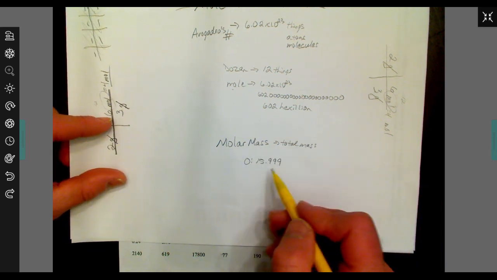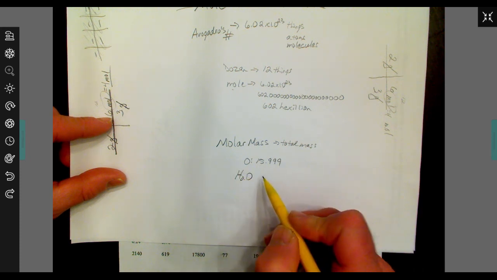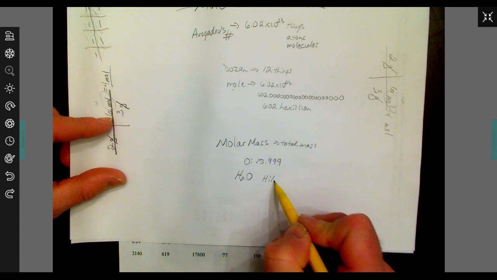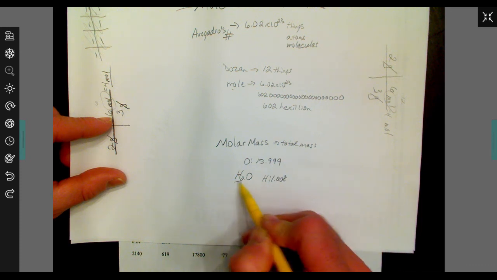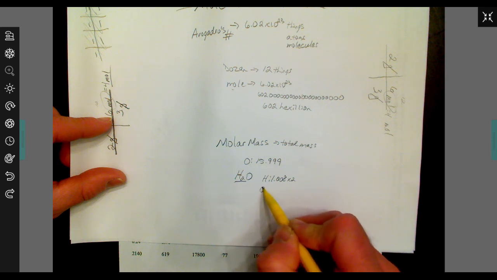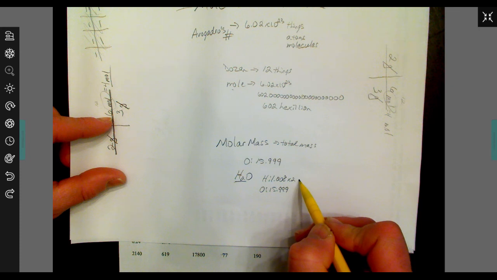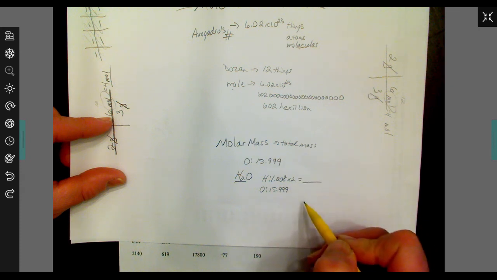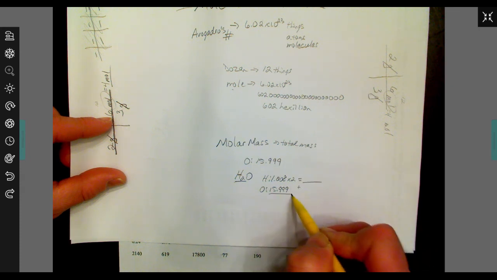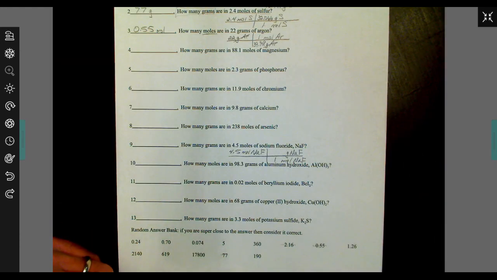But what is the molar mass of water? H2O. Okay, well, hydrogen is 1.008, and I have two of them, so it'll be times 2. And oxygen, there's just one of them, 15.999. So I would take this times 2, take that answer, add it to this answer, and I would have my molar mass. Easy enough, right?